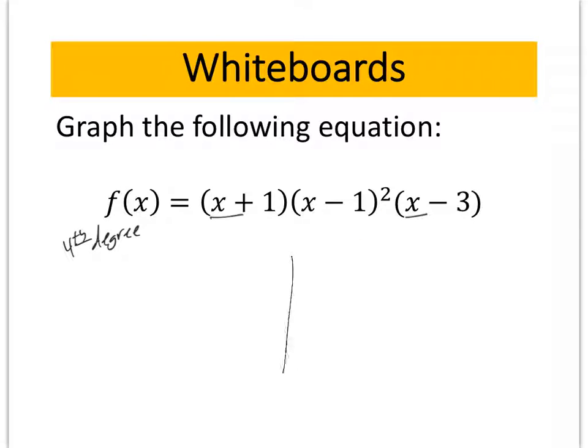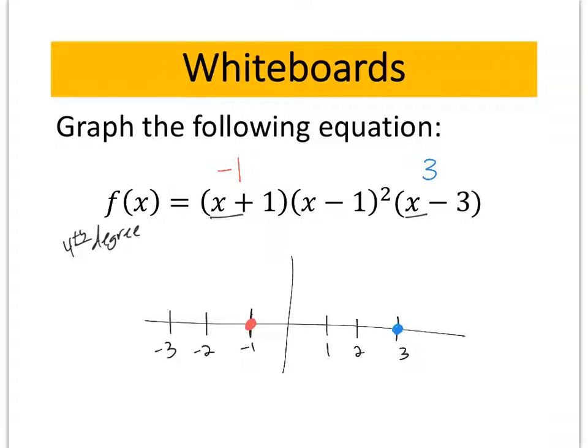So when I go to plot this, I know I've got -1, -2, -3, 1, 2, 3. I'm going to label these. I've got a root at -1, and I've got a root at 3 for sure.